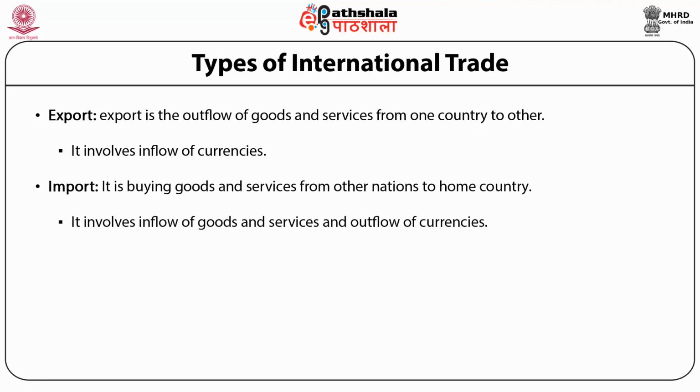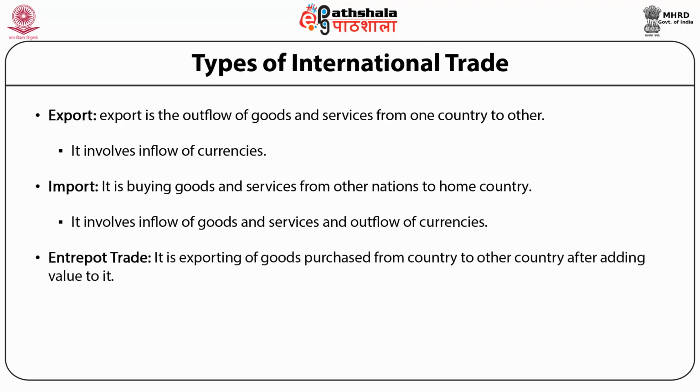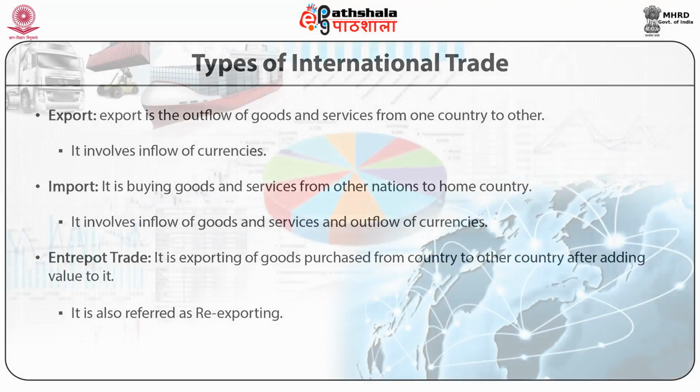It involves inflow of goods and services and outflow of currencies. Third is entrepot trade. It is exporting goods purchased from one country to another country, and reselling the same product to another country after adding certain value to it. It is also referred to as re-exporting.